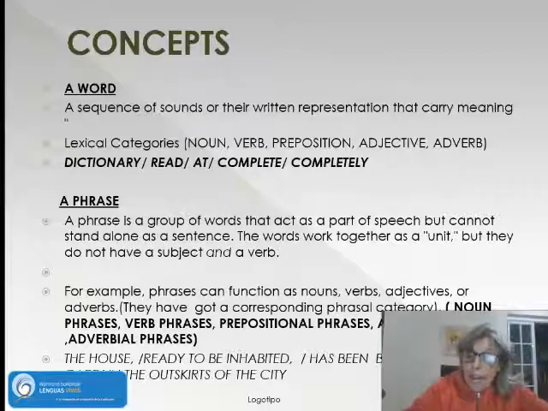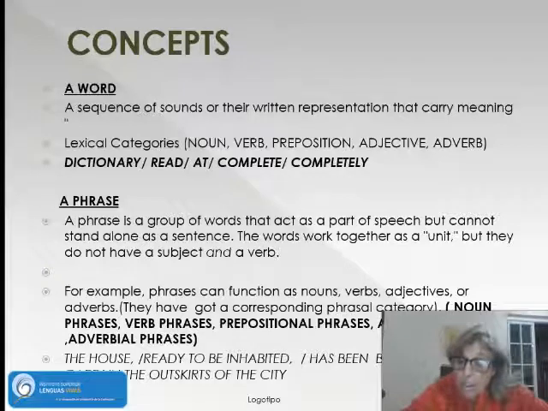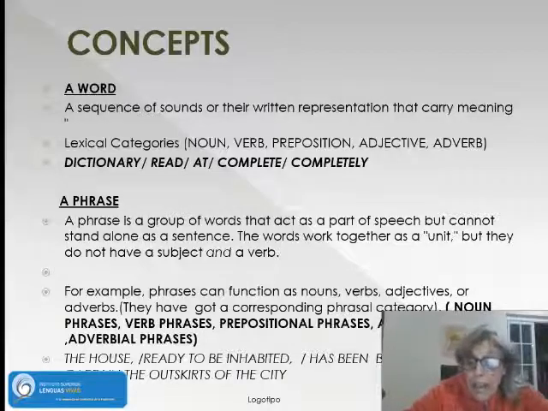So you can have noun phrases, for example, the house; verb phrases, for example, has been built; prepositional phrases, in the outskirts of the city; adjectival phrases, ready to be inhabited; and adverbial phrases, in the outskirts of the city.